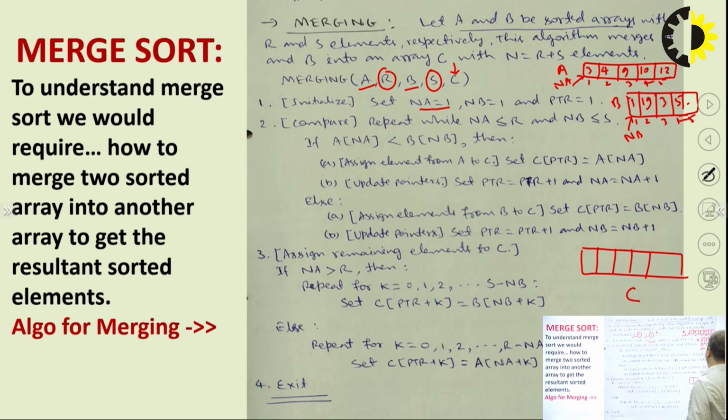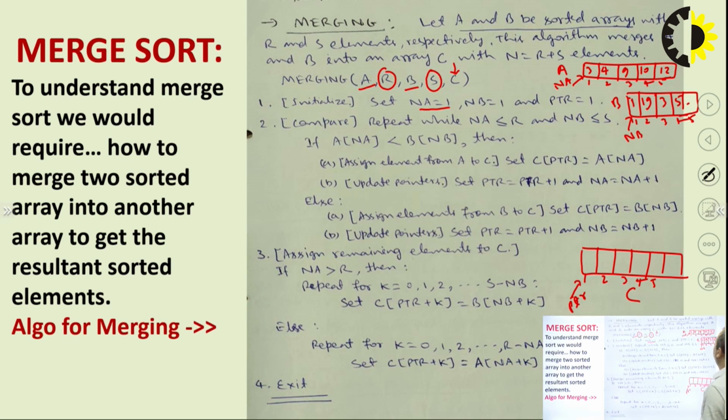This is C. For this we have assigned PTR, which starts from 1, 2, 3, 4, 5 and so on. So we initialize NA equal to 1, NB equal to 1 and PTR equal to 1 in the starting.